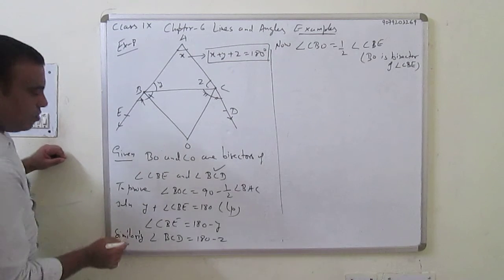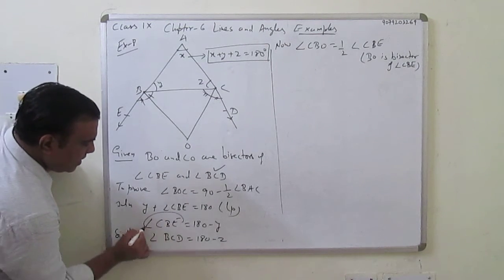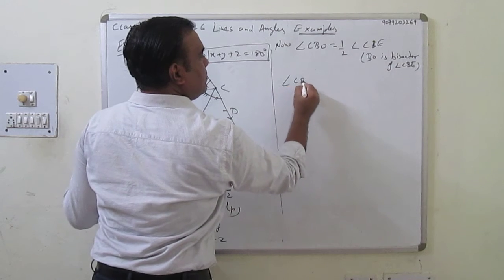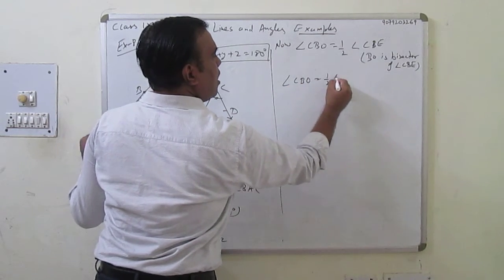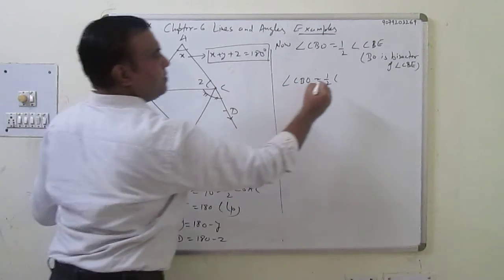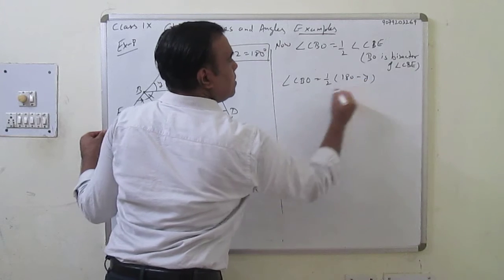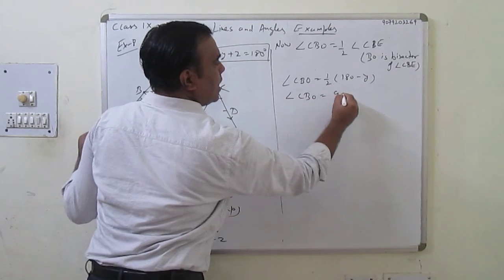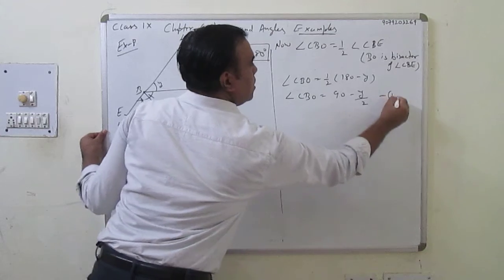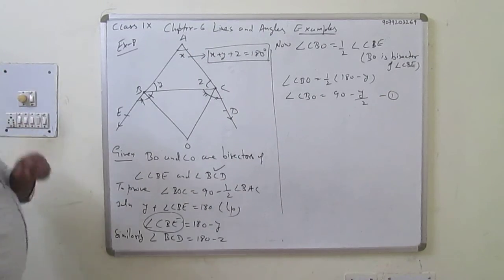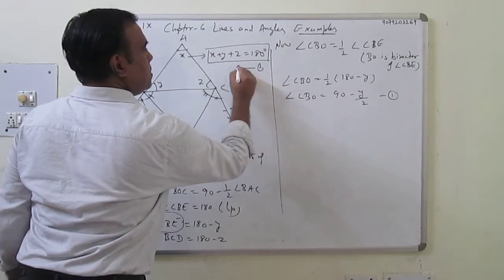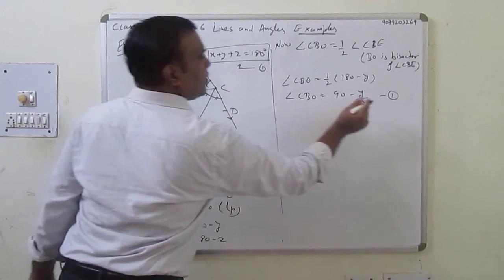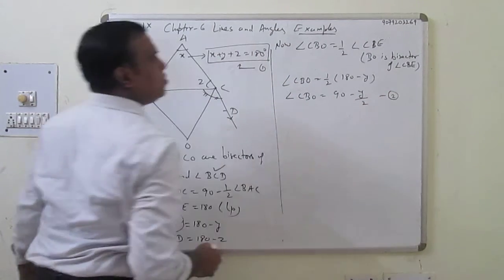Now what is the value of CBE? Put it here. Angle CBO is equal to half of 180 minus Y. So angle CBO is equal to 90 minus Y by 2. This is equation 1.